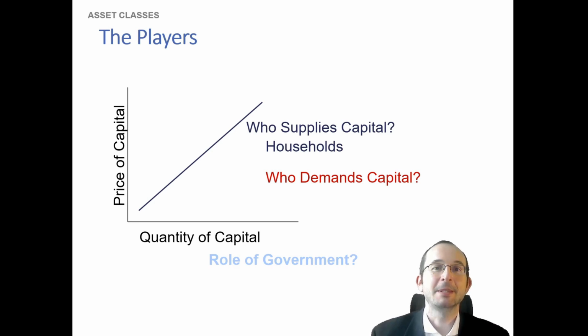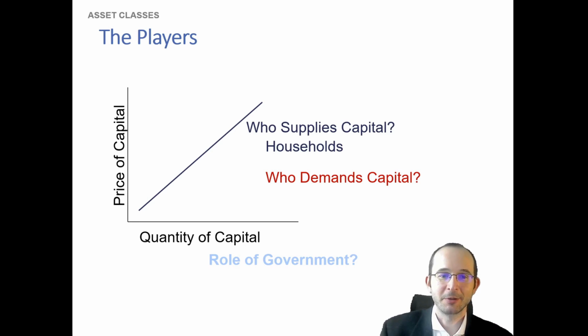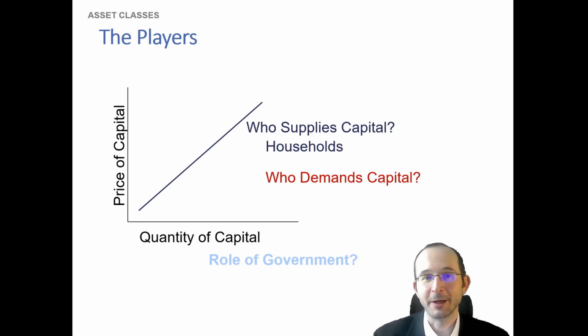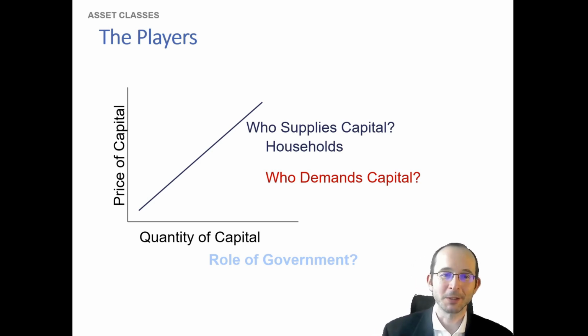So they, the investors, are the suppliers of capital, and generally what we expect is an upward sloping supply curve. The more capital is demanded, the higher the price will be. Capital is scarce, so as with any scarce good, the higher the quantity demanded, the higher the price.